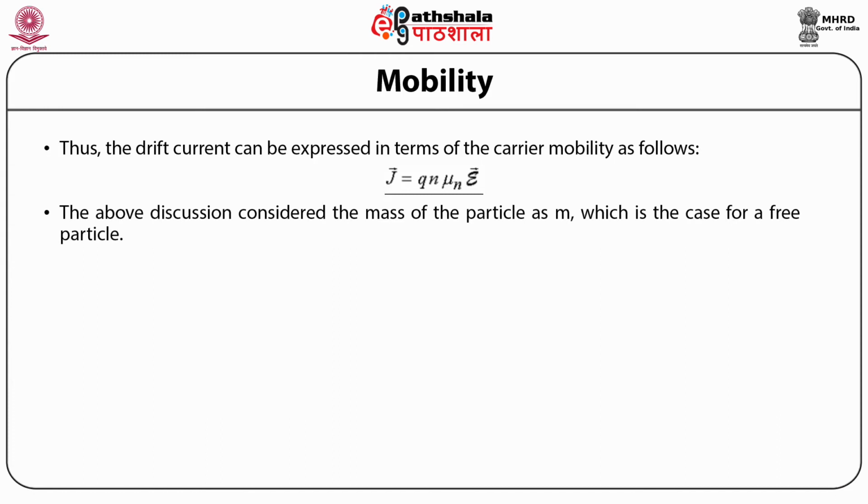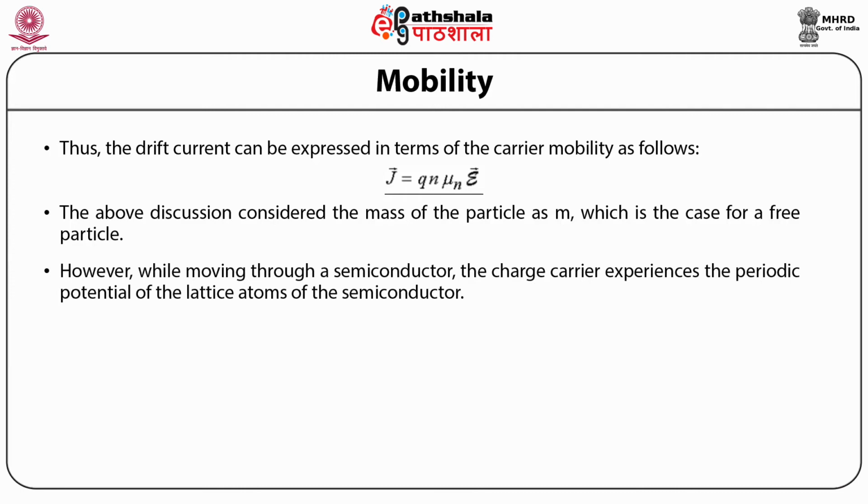Thus, the discussion here considered the mass of the particle as m, which is the case for a free particle. However, while moving through a semiconductor, the charge carrier experiences the periodic potential of lattice atoms of the semiconductor.